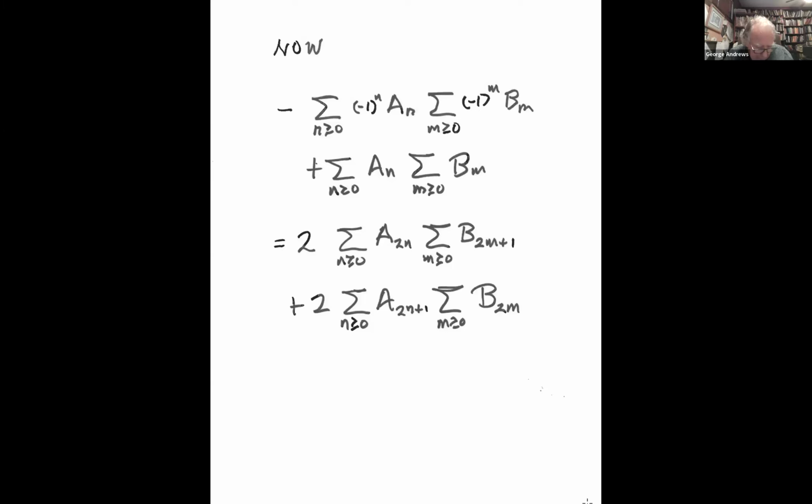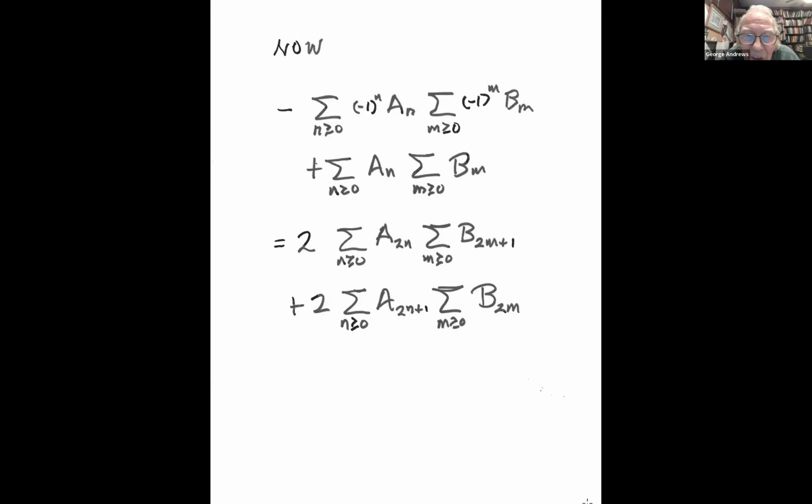We have multiplication of the other two infinite series, where you have alternating terms in the first product and no alternating terms in the second row.